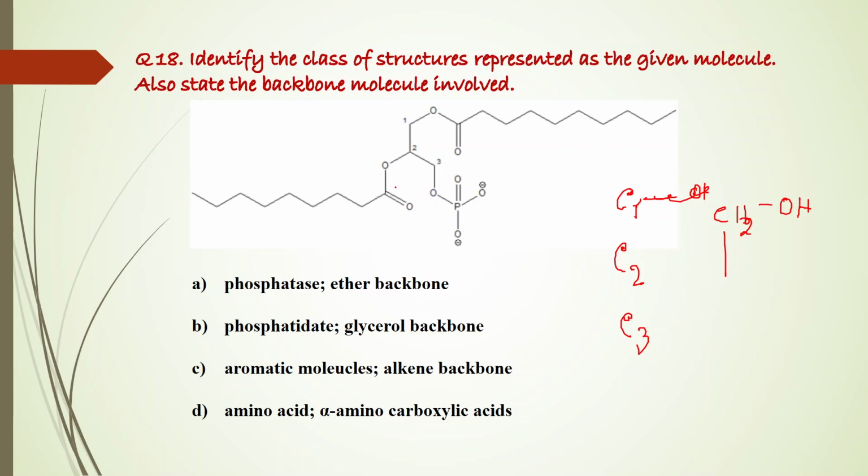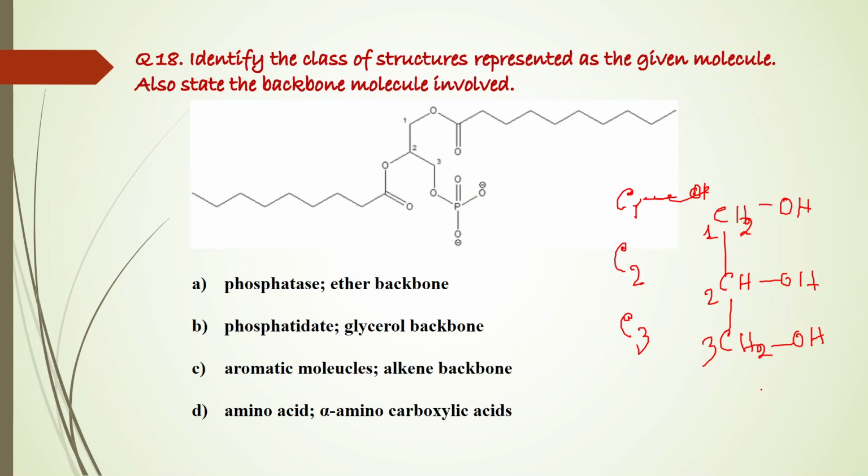Next, C2 is directly attached with the oxygen. So that will be CHOH. And the third one again is CH2OH. So C3 carbon we can write as CH2OH. So this is our C1, C2, C3. So this is the basic backbone structure of the molecule that is shown here.